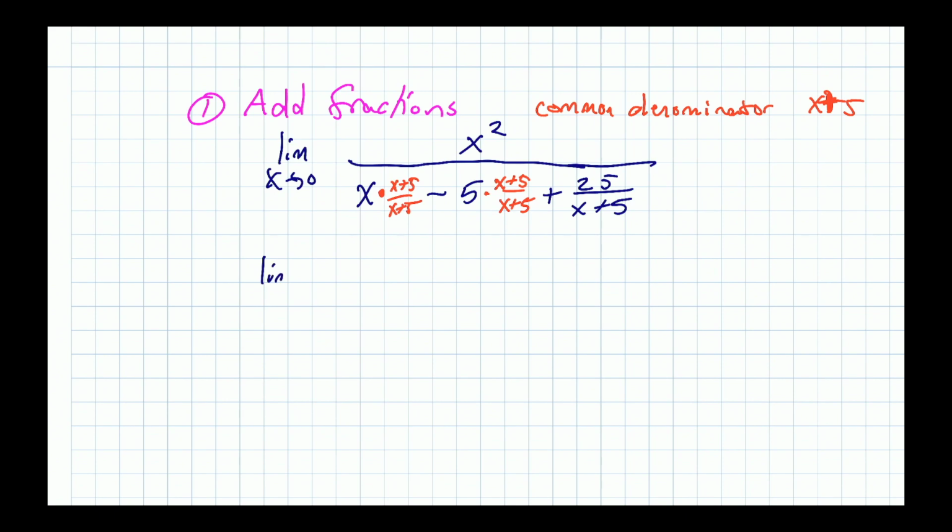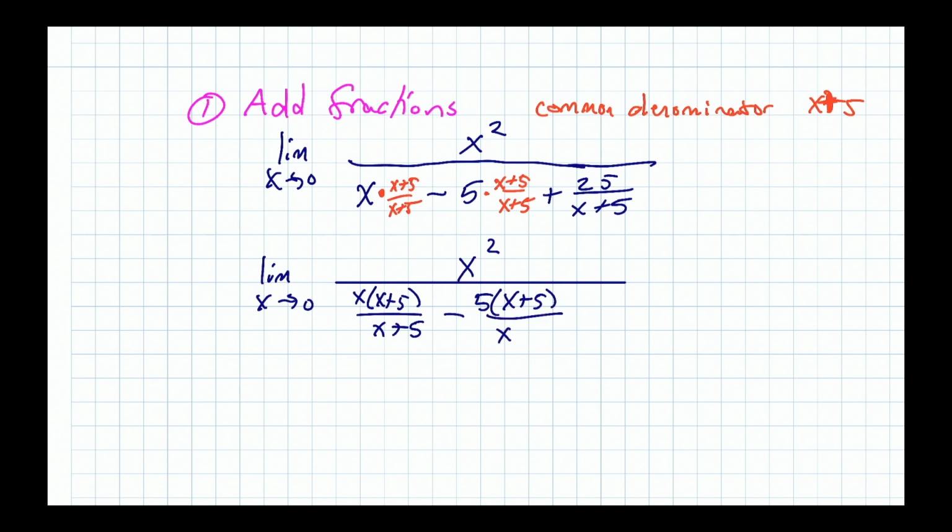So we have a limit as x goes to 0 of x squared. This first fraction is x plus 5 over x plus 5, minus 5 times x plus 5 over x plus 5, plus 25 over x plus 5. The last one we didn't have to do anything to. So now they all have a common denominator, x plus 5, x plus 5, x plus 5, so we can add those fractions.